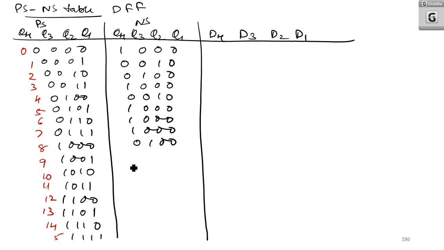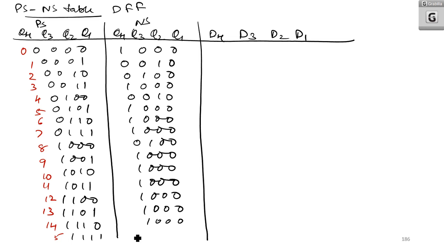9 means it is an invalid state, it will go to 1, 0, 0, 0. 10 is an invalid state, it will go to 1, 0, 0, 0. 11 is also an invalid state, it will go to 1, 0, 0, 0. Then 12, 13, 14 and 15 are invalid states, they will all go to 1, 0, 0, 0.